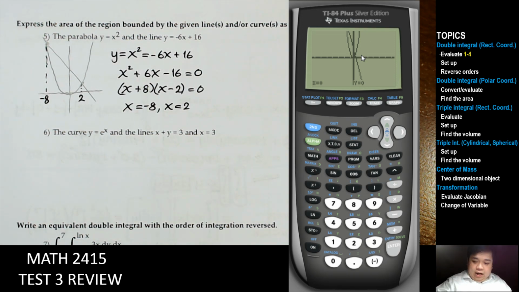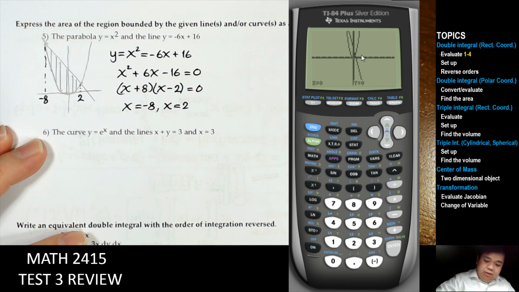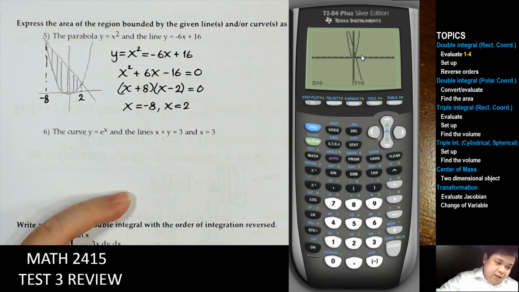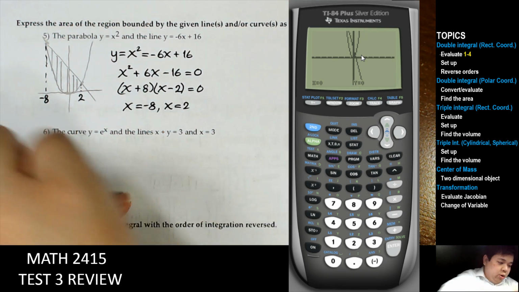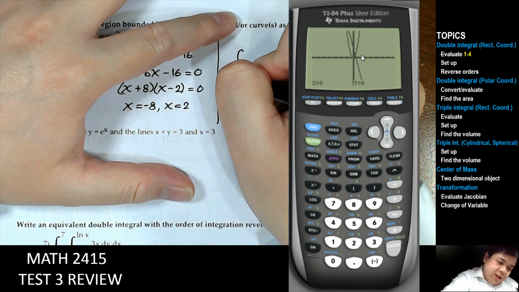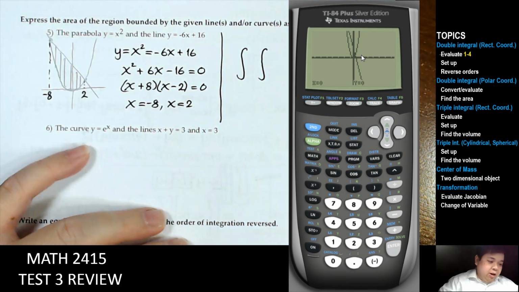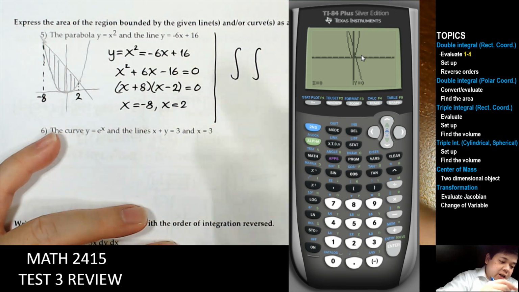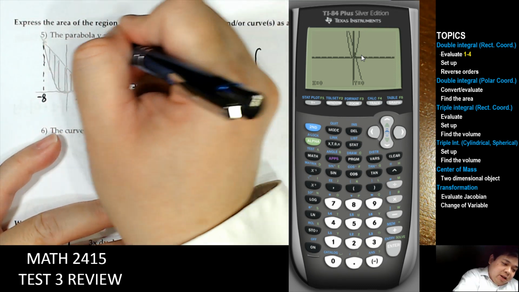Right. And in that case, we set up the double integral easily. We have the line above the curve. So we're going to set up the integral like this. There will be 2 integrals. First, the limit inside: the line is above the curve.